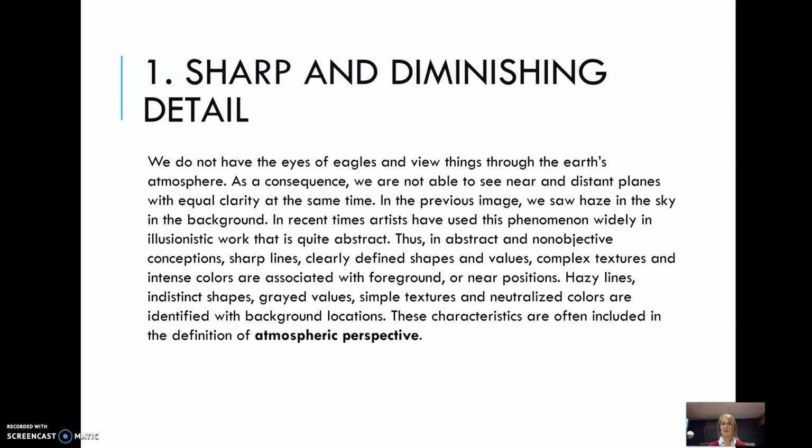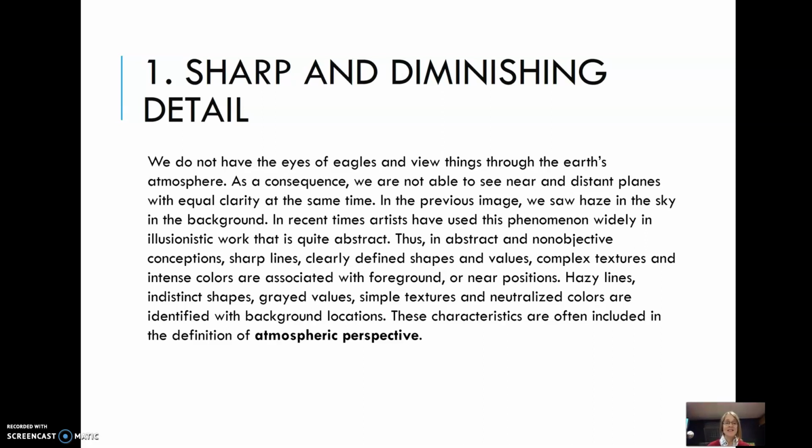And we've talked about creating atmospheric perspective in artwork. Obviously, things, as they get further away, we see blurrier. Our eyes aren't designed to see far away objects in detail. Thus, in abstract and non-objective conceptions, sharp lines, clearly defined spaces and values, complex textures, and intense colors are associated with foreground imagery and near positions.